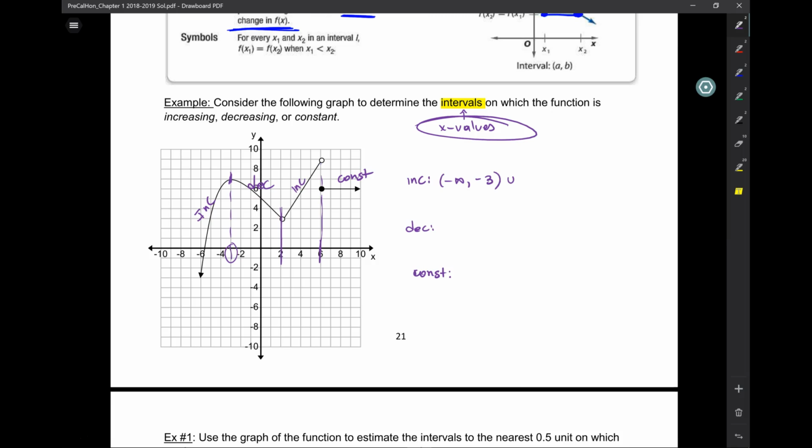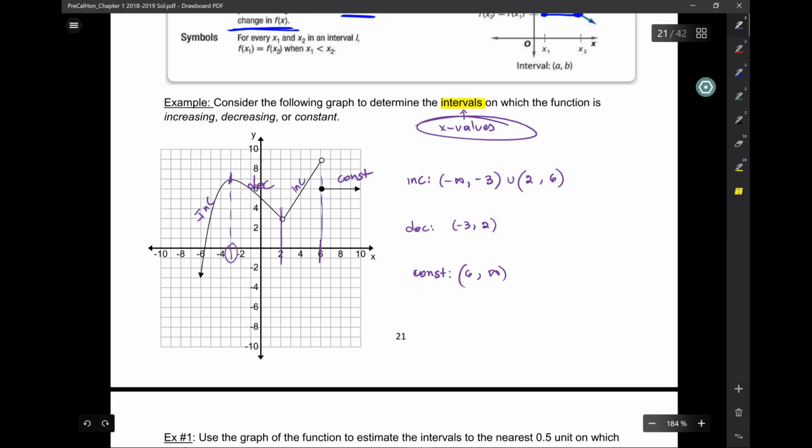Okay, and then it's increasing again from 2 to 6. When we're doing these, always open intervals. Now it's decreasing from negative 3 to 2. And then it's constant from 6 to infinity.